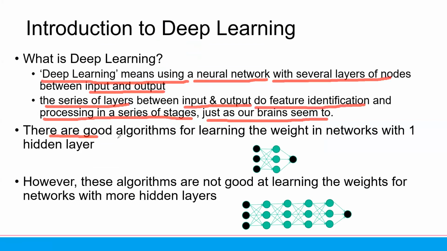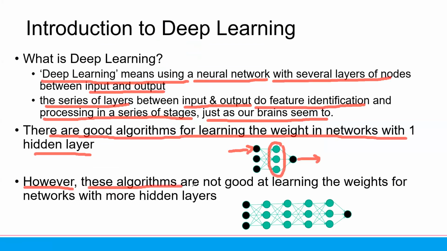So there are good algorithms for learning the weights in networks with one hidden layer. Okay, so this is one hidden layer. We call this the input, and this the output. However, these algorithms are not good at learning the weights for networks with more hidden layers.